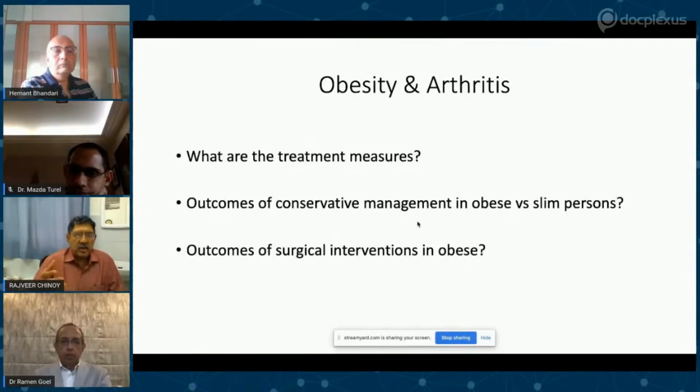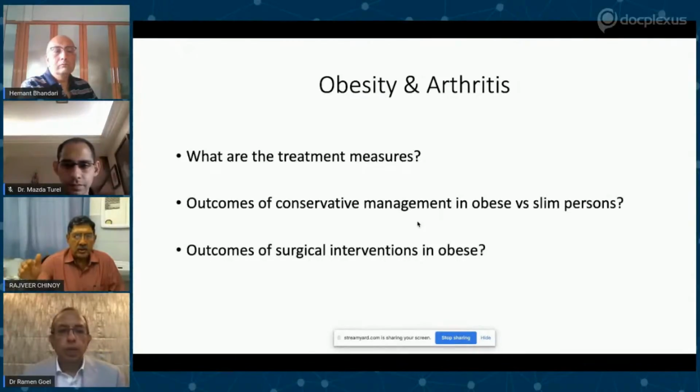But eventually I heard the other point of view, that they are not going to lose weight, so let us be kind to them and do the surgery. But when you do that, you open yourself and the patient up to facing severe complications which have occurred in morbidly obese patients.